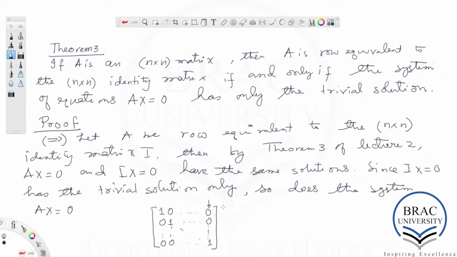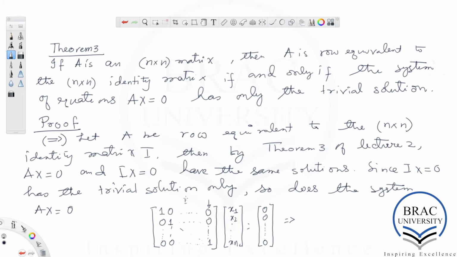And this is the n times 1 vector x1, x2 all the way up to xn, and we set it to the n times 1 zero matrix.